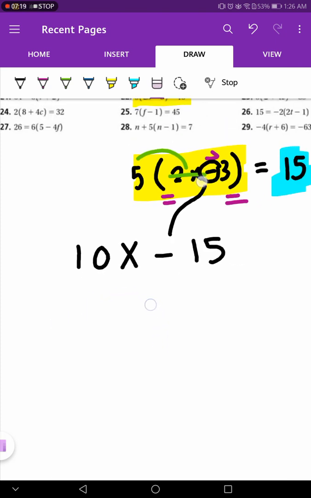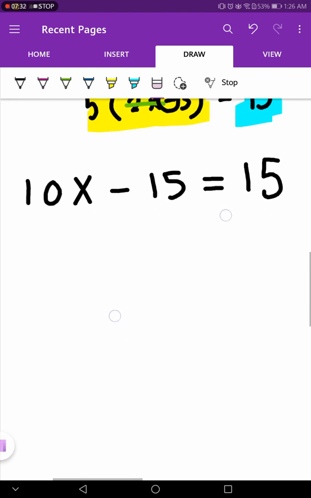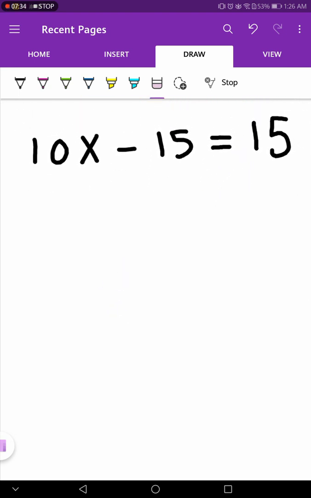Now, what happened to the right side? It is still waiting for you to break the parentheses. Okay, now in this case, I can solve a normal equation, or solve an equation that needs 2 steps to find the solution. Again, left and right.